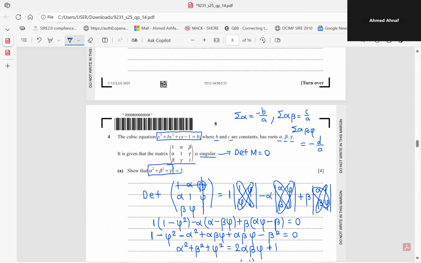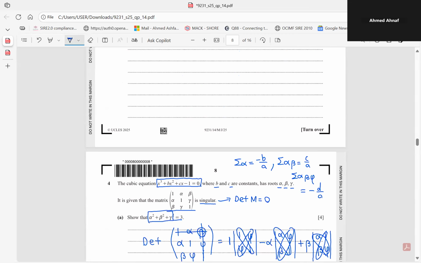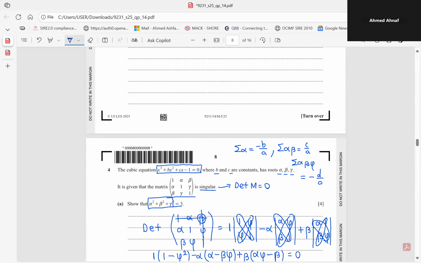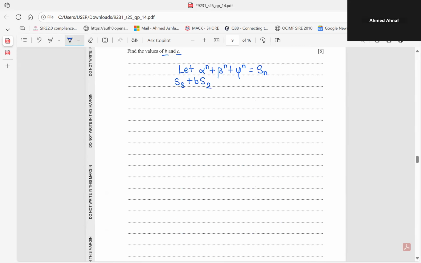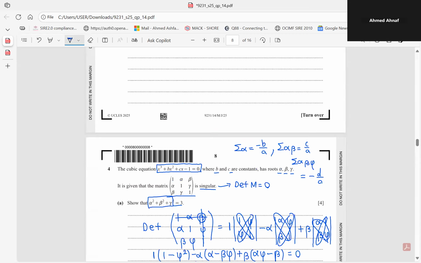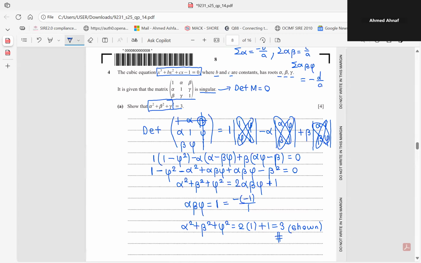So x cubed, that would just be S3, and then bx squared, that would just be b times S2, plus cx, that would just be plus c S1, and then minus 1, that would just be minus 1 times S0, equals 0.